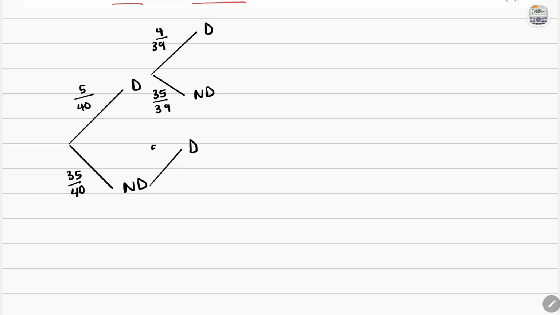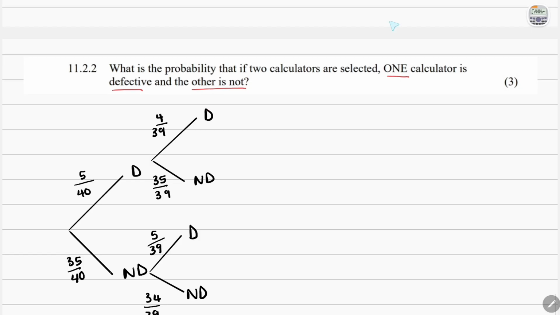So it means that there would still be 5 defective calculators, but we know that a non-defective has been picked, meaning there are 39 calculators left in the box. And then what is the probability that we would pick a non-defective in the second pick, given that a non-defective calculator was picked? Okay, if a non-defective calculator was picked, it means now you have 34 non-defectives over 39 calculators because one has been picked. So this is what it's going to look like.